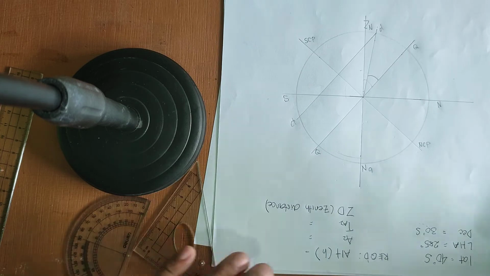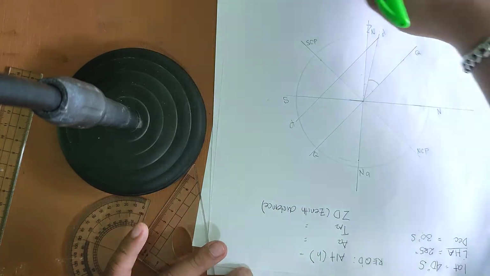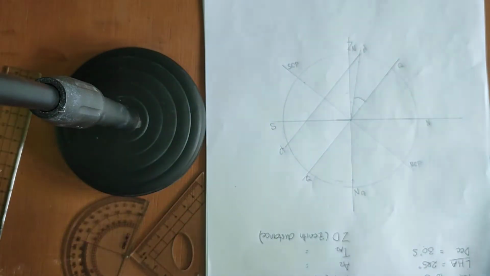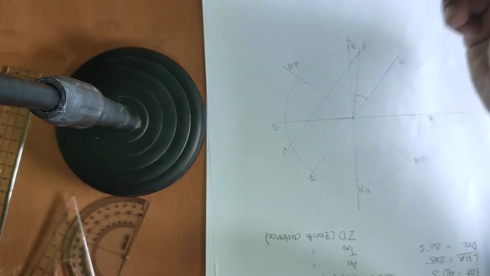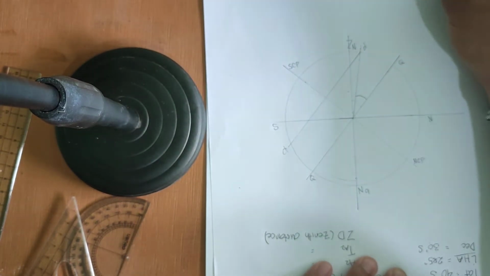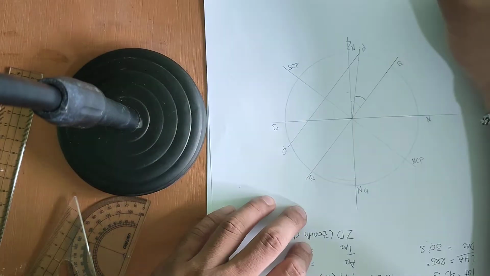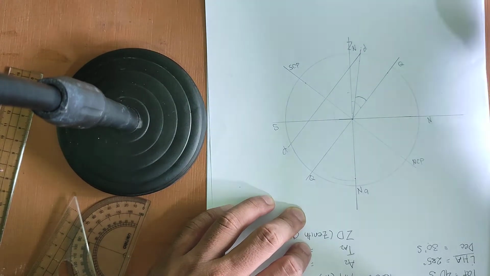Next, since we are given LHA here, we can compute for meridian angle. So how? From the relationship between the LHA and declination, we already have said that if your LHA is more than 180 degrees, your meridian angle will be 360 minus your LHA. So 360 minus 285 will be, meridian angle will be, subtracting them, 285, sorry.